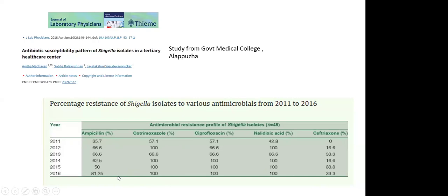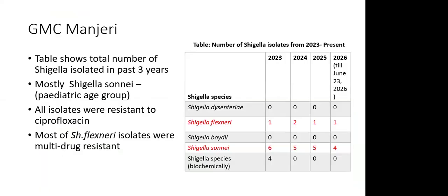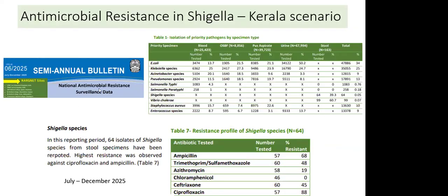In our college, Shigella sonnei was isolated in greater numbers, and all the Shigella isolates for the past 3 years were resistant to ciprofloxacin. The National Antimicrobial Resistance Surveillance data also shows the highest resistance was observed in ciprofloxacin and ampicillin for Shigella.